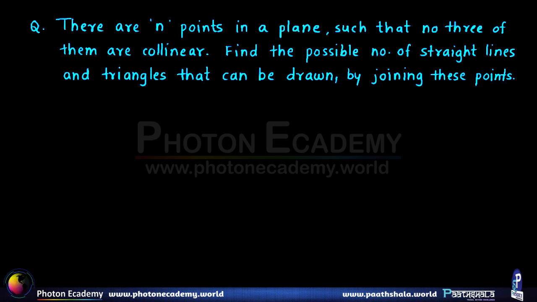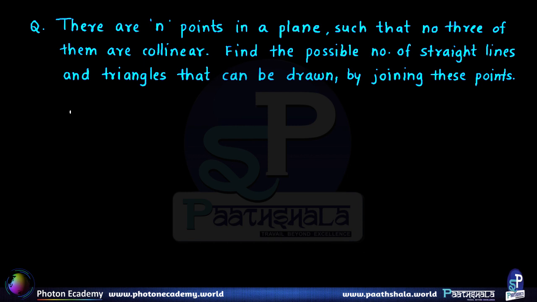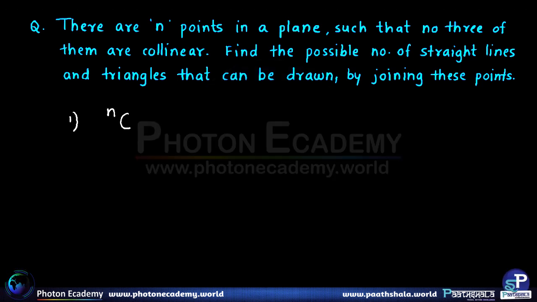So to know the number of straight lines that can be drawn, we have to find out how many ways there are to select 2 points out of total n points, which can be done in nC2 ways.